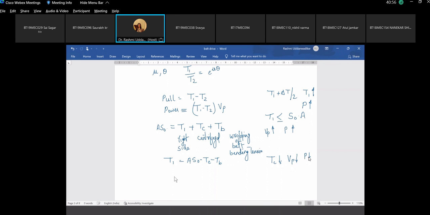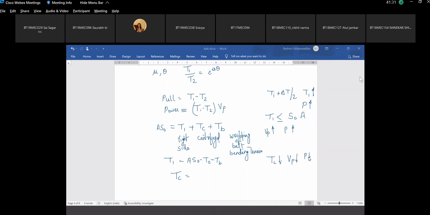And what is this TC, centrifugal tension? In terms of its velocity, what is the expression for centrifugal tension or centrifugal force? Yes?